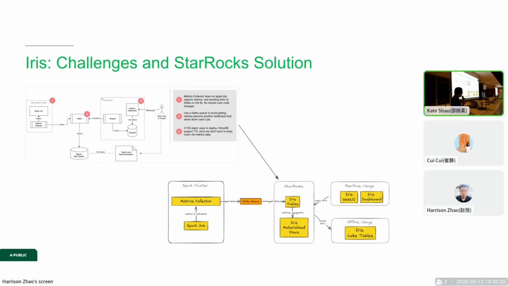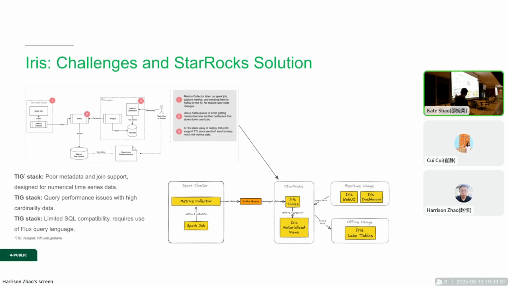But moving forward, we see some limitations in the existing architecture. When we have new use cases, say requirements from data engineers, they want to know more than just the metrics. They want to know the metadata of that job.